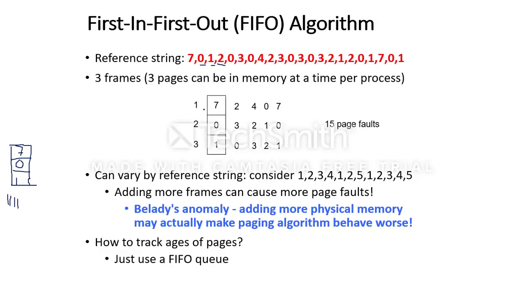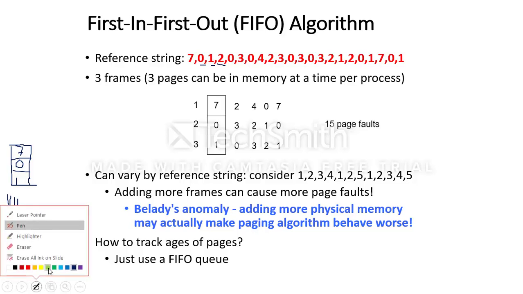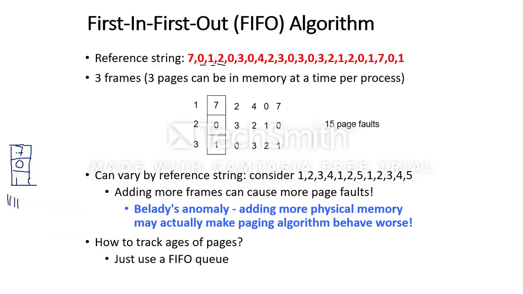According to FIFO, the victim is the one who came first. So we deal with the first frame which came into our memory. So the victim here is going to be 7. I think you agree with me. 7 is going to be the victim, and we replace with 2.